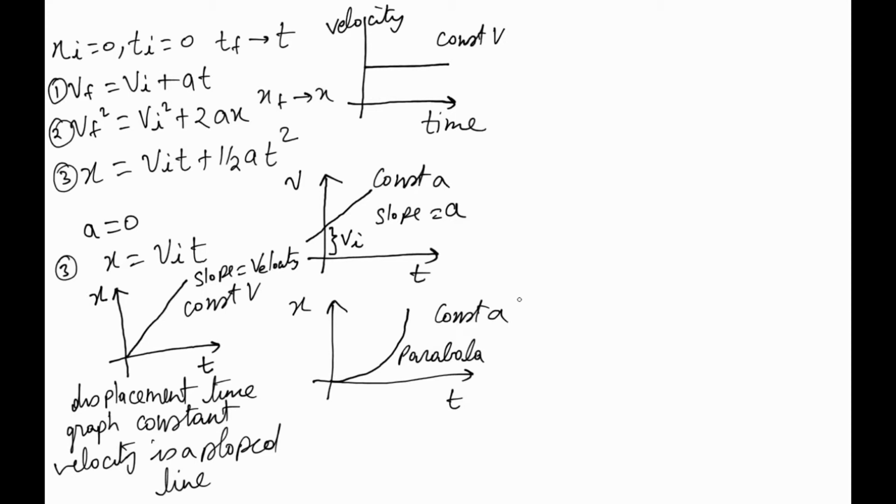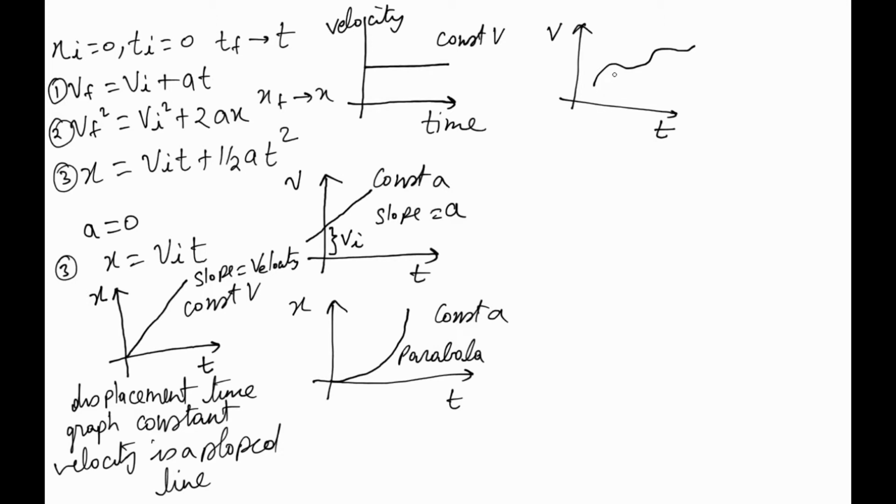Alright, let's try to understand a few more things. If you have, let's say, a velocity time graph, and let's say velocity changes like this.